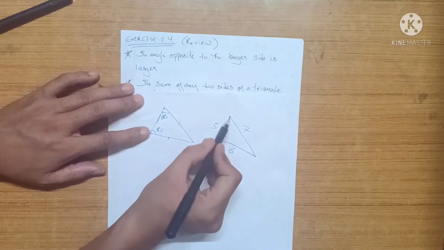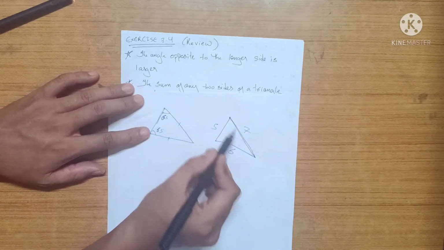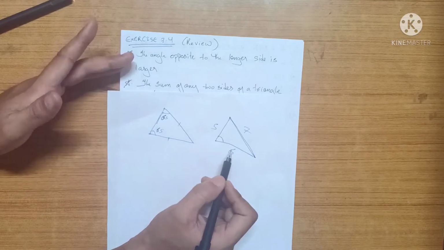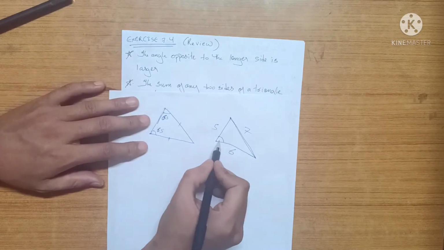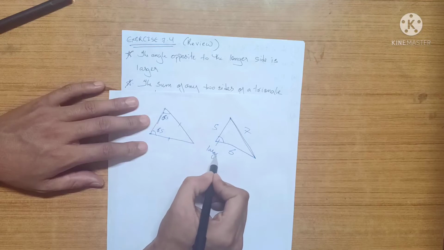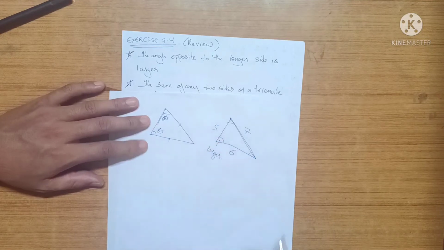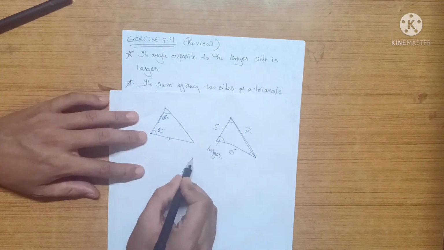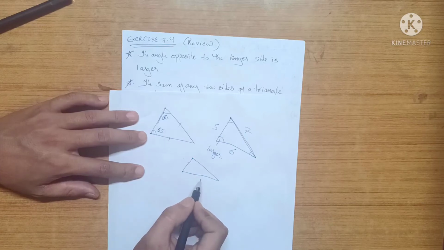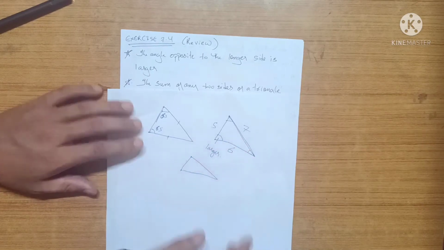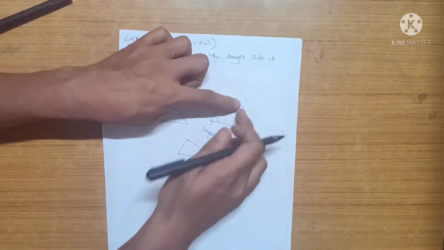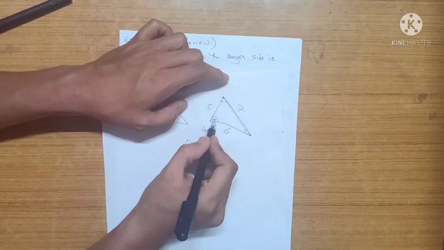So which one is longer? This is longer, no? 7 centimeter, which means this angle will be larger. Simple. This is larger than this and this. So in a triangle, because of the length of the sides, we know which angle is larger.